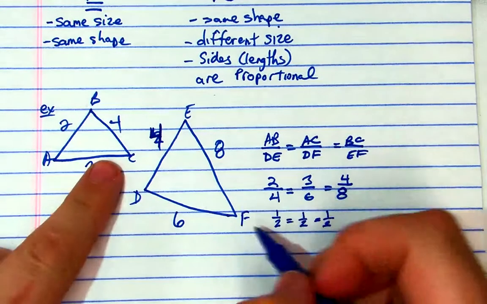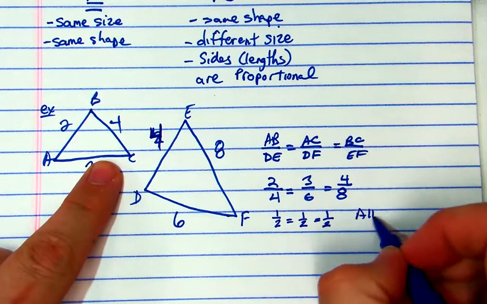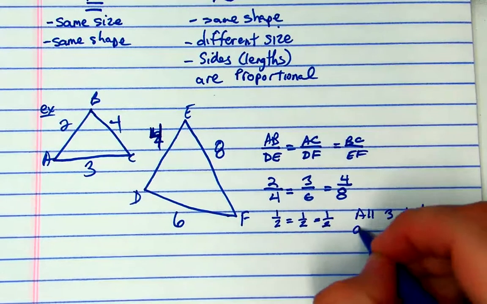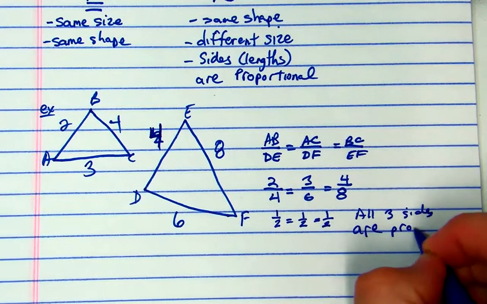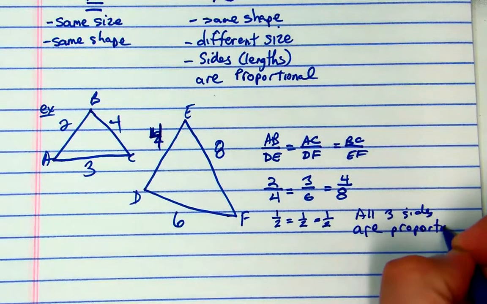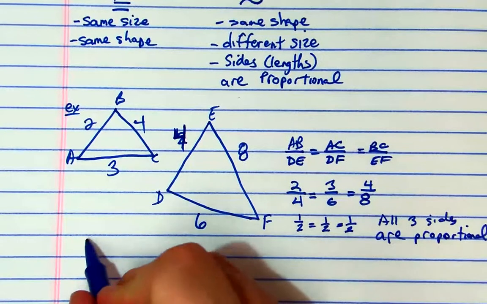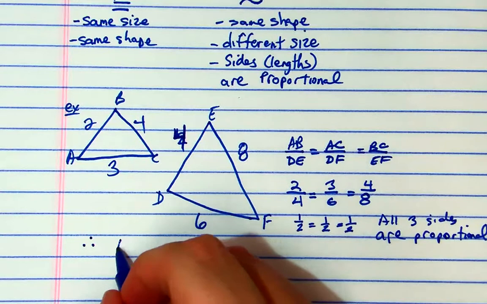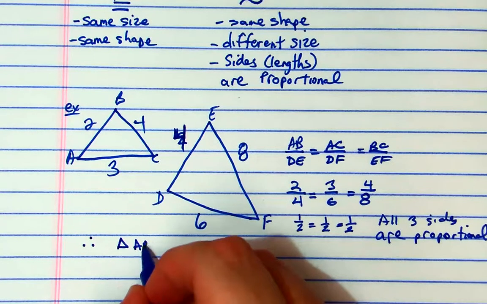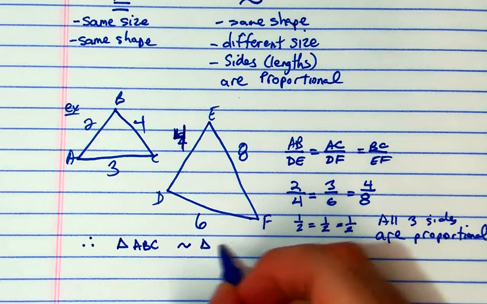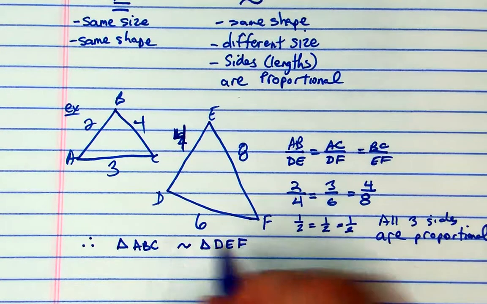So all three sides are proportional. So therefore, I can say that triangle ABC is similar to triangle DEF. They're not congruent.